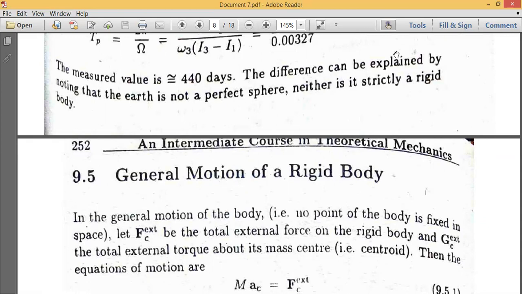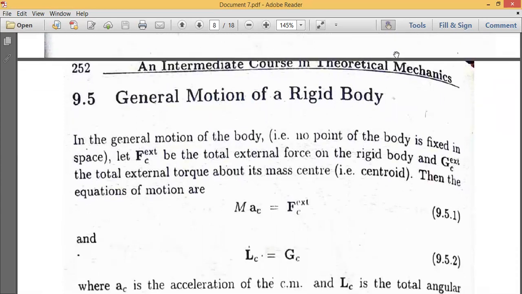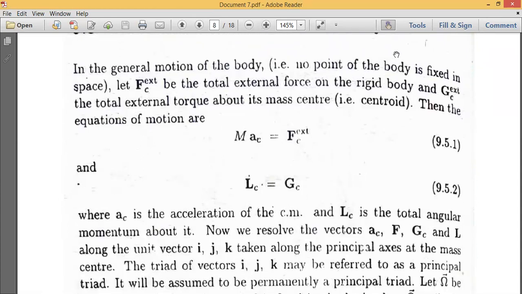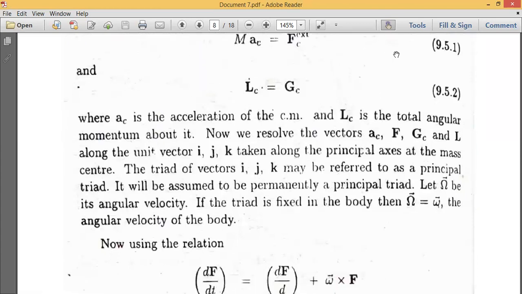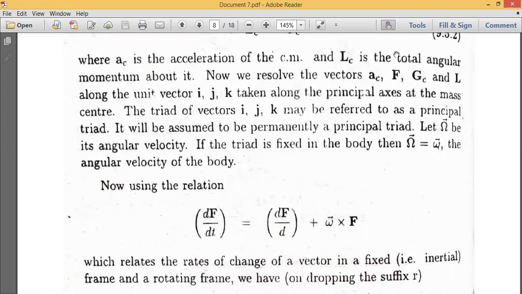Then the equations of motion are M A_c equals F_c external and L_c dot is equal to G_c, where A_c is the acceleration of the CM and L_c is the total angular momentum about it.